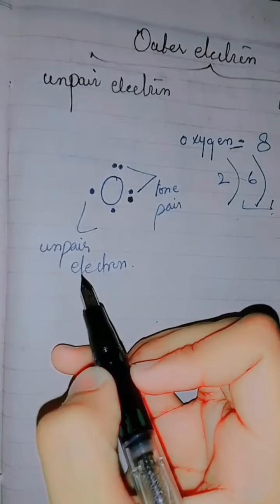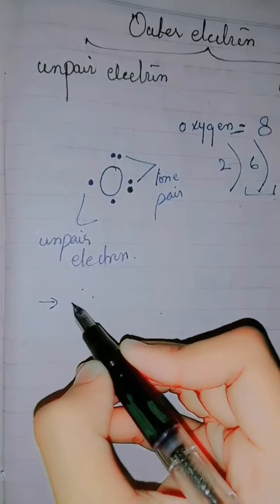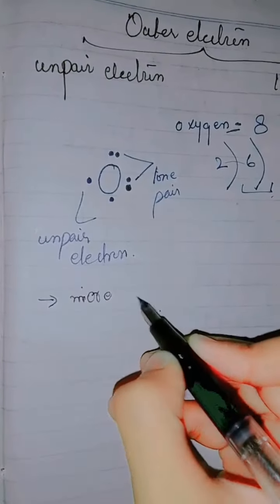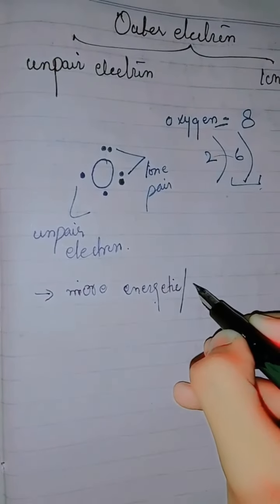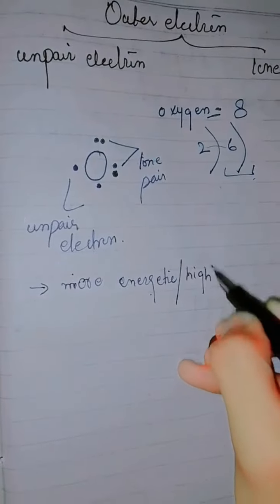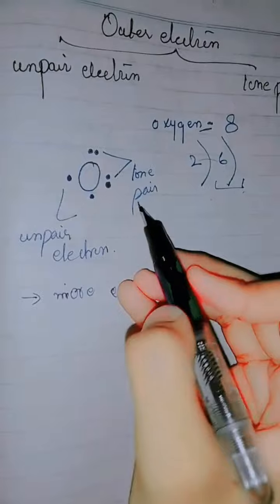Unpaired electrons are more reactive. They are more energetic, highly reactive, and the lone pair is less reactive.